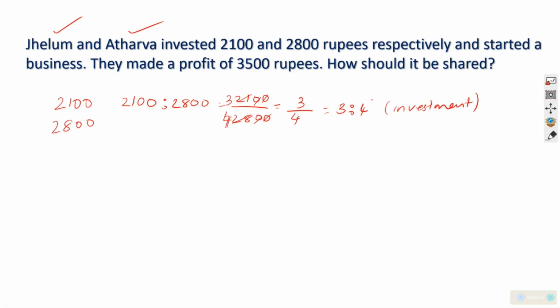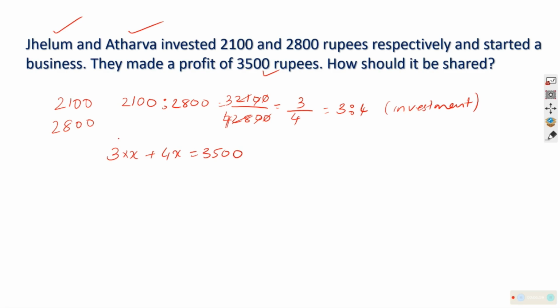that of Atharva. The profit must be shared again in the same ratio. That means 3 into the amount given to Jhelum and 4 into the amount given to Atharva should together constitute 3,500 rupees, which is the profit.